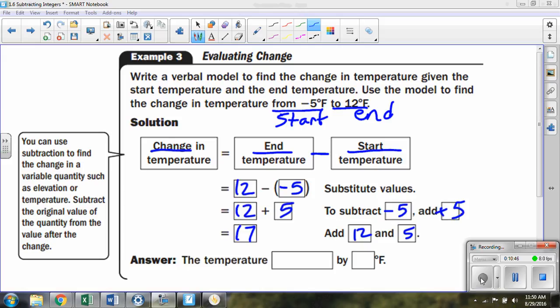And so when we look at this, we know that the temperature rose, or increased, by 17 degrees Fahrenheit. We know that the temperature increased because we have a positive 17. If we had a negative, it would have told us that the temperature went down or decreased.